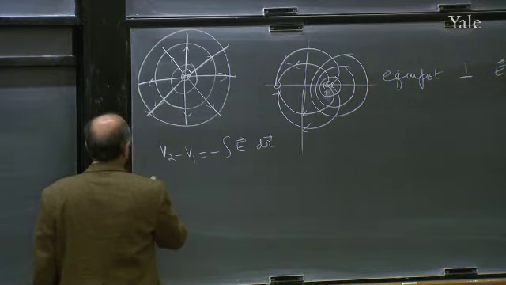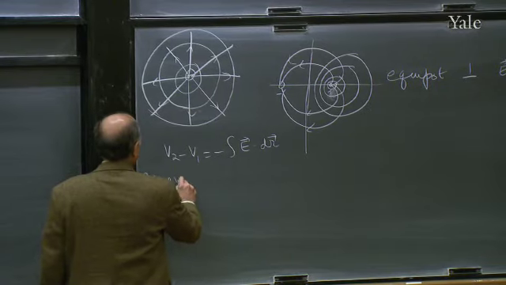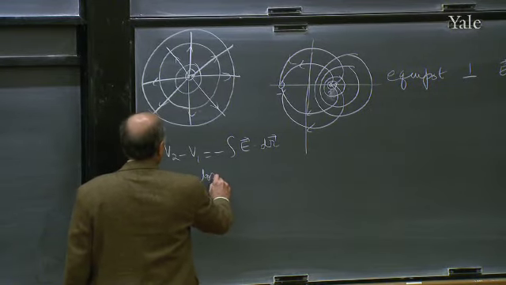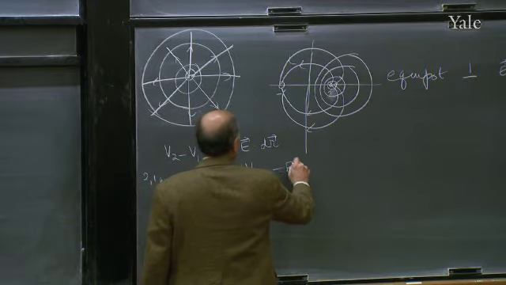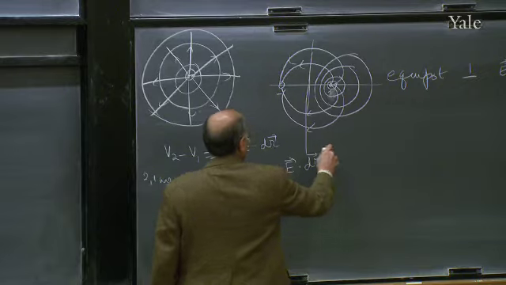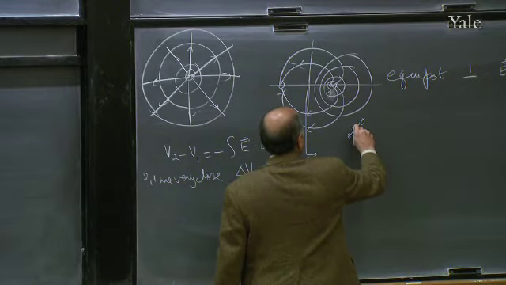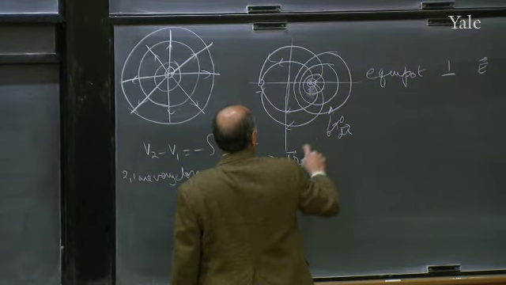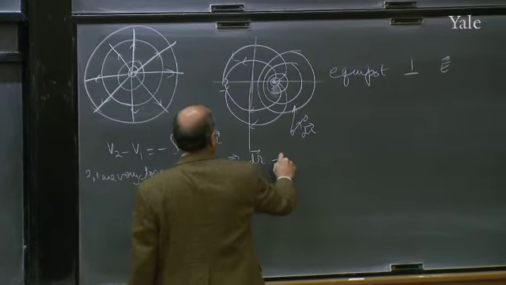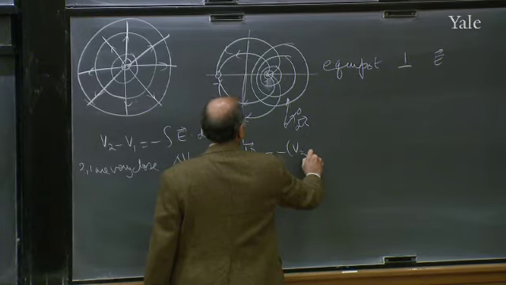So let's say points 2 and 1 are very close. In that case, delta V is equal to minus E dot dr. There's no integral to do because I picked two points which are nearby, an infinitesimal amount dr. So E dot dr is equal to minus delta V, which is V2 minus V1.